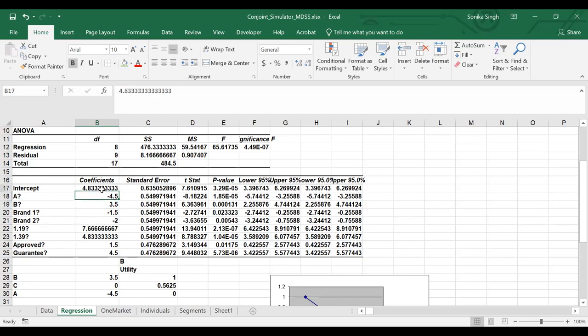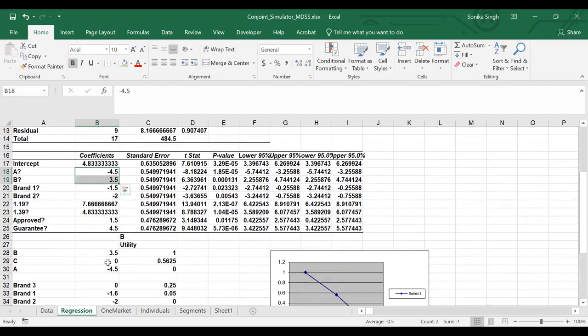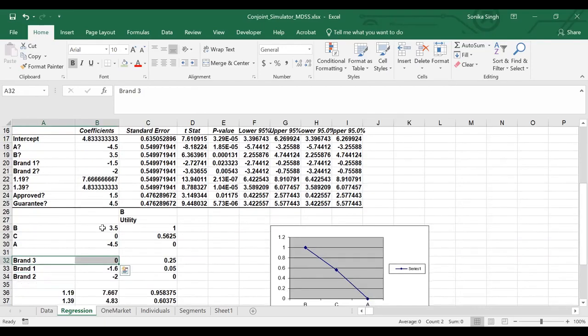And so when you write these utilities, what is the utility of design C? Here it is. We assign all the dummies that have been excluded a utility of 0. So A is minus 4.5, B is 3.5, and dummy C that was excluded has a utility of 0. Similarly, brand 3 was excluded, it has a utility of 0.